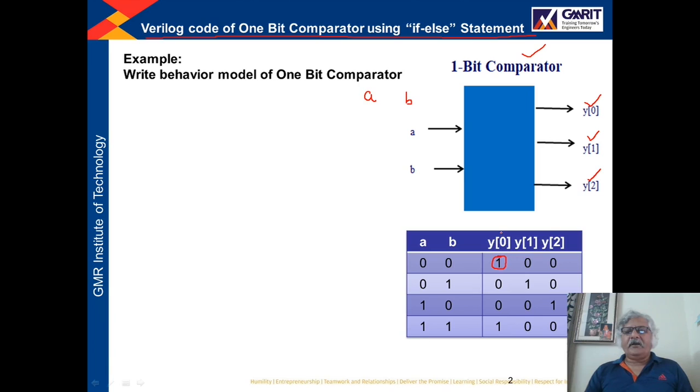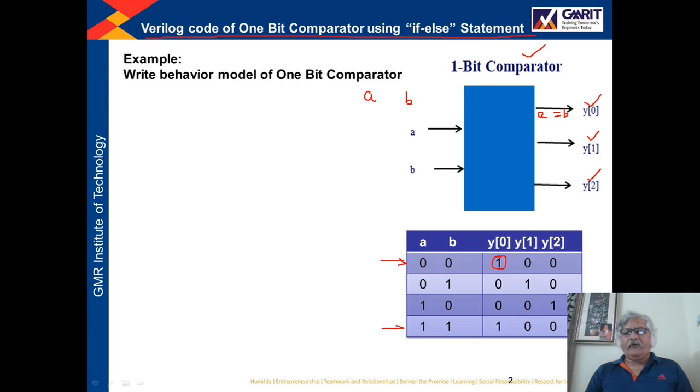So basically the Y0 output is telling me that number A is equal to number B. See this row and the last row.